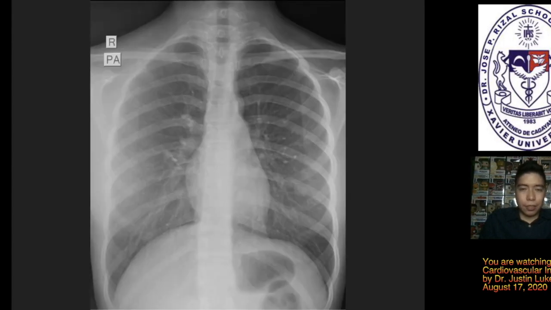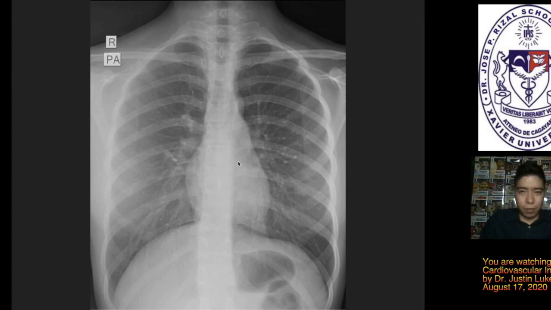So this is another normal radiograph. This is the typical appearance of thin patients. The cardiac silhouette is almost vertical, so the bulging border-forming chambers are not prominently bulging as compared to the previous radiograph.